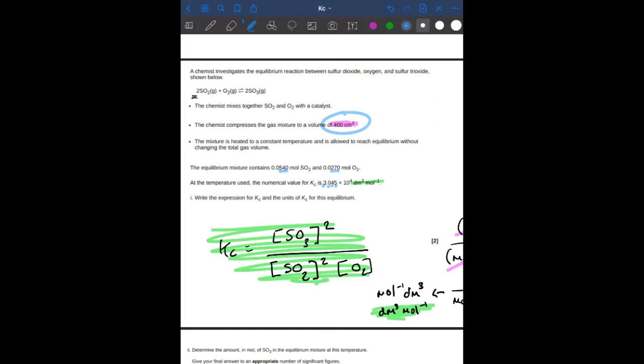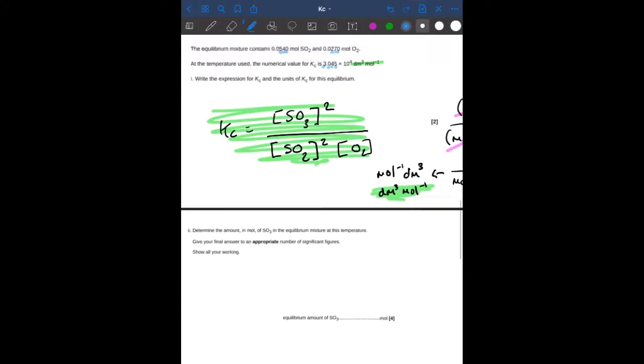When you're going through your calculations, keep the values that you have got in the calculator all the way through and then round at the end. And because the lowest number of significant figures given in the raw data is 3, we're going to have to give our answer to 3 significant figures.